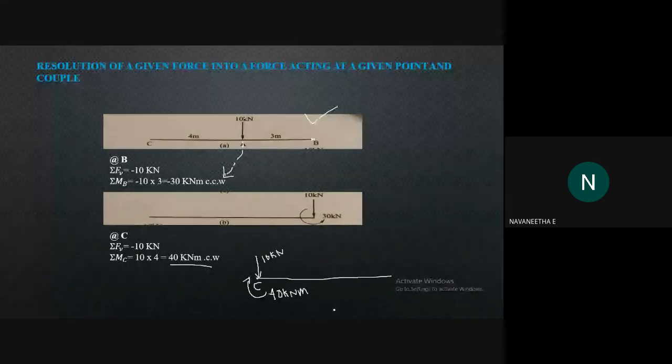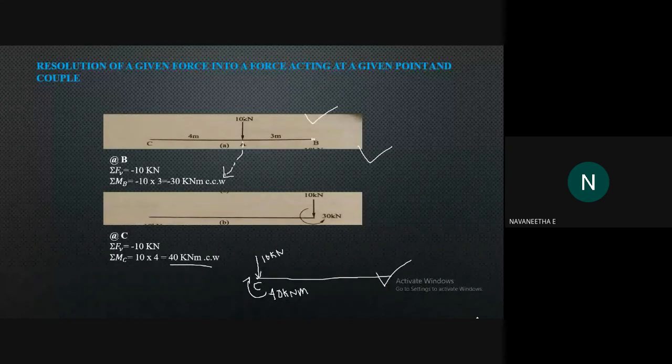So now it is balanced. Now the first system and the third system are equal. Have you all understood?